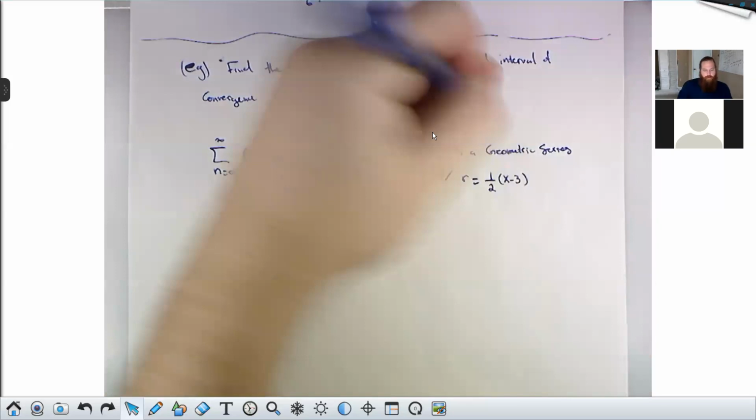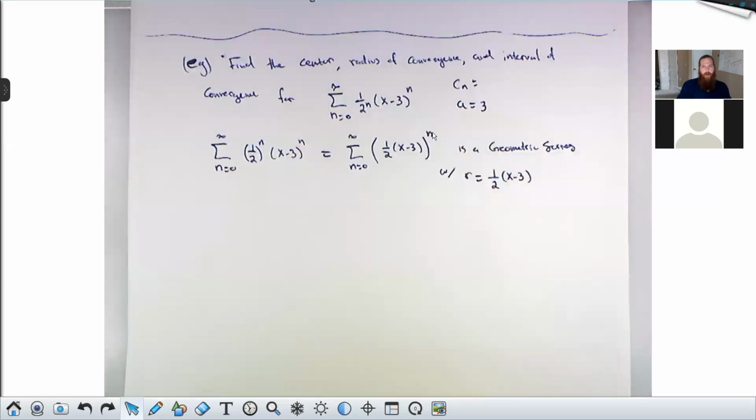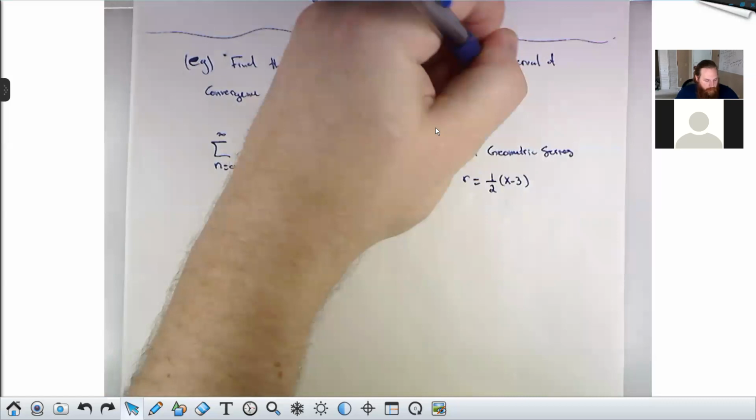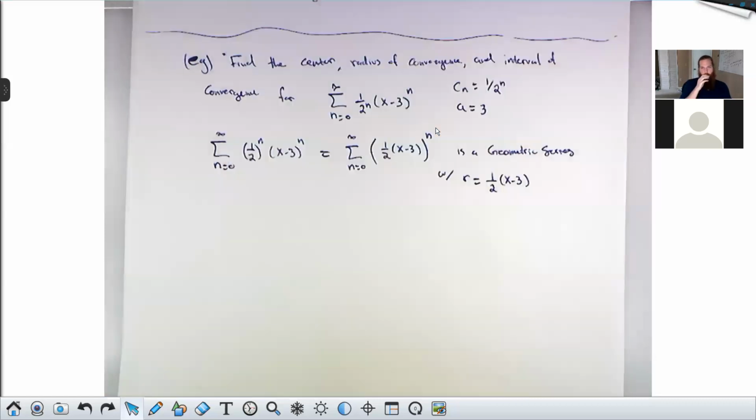And the sequence of coefficients, Cn, what are those? It's not quite 1/2, it's 1/2 to the n, or 1 over 2 to the n. Okay.